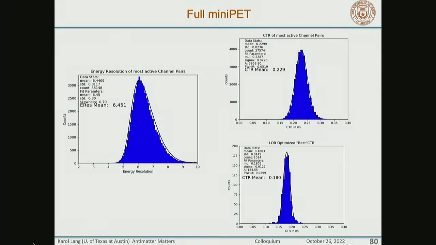This is too good to be true, 6.5% in energy resolution. We need to correct it, and we're still working on it. This is the timing resolution, 230 picoseconds, which can be pushed down to 180 picoseconds if we limit our response to some lines of response.